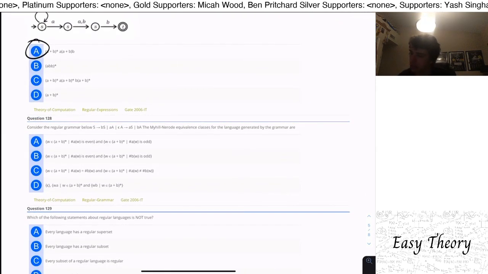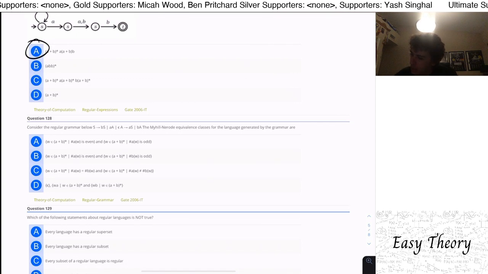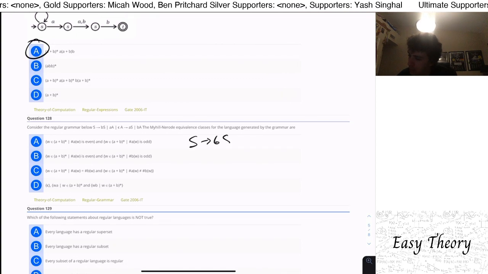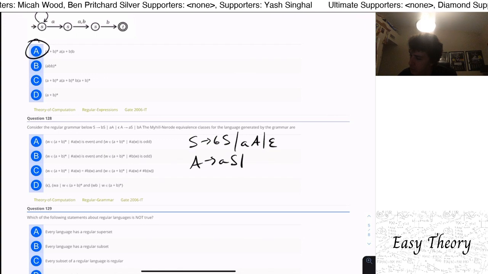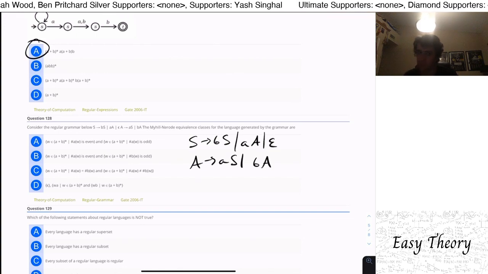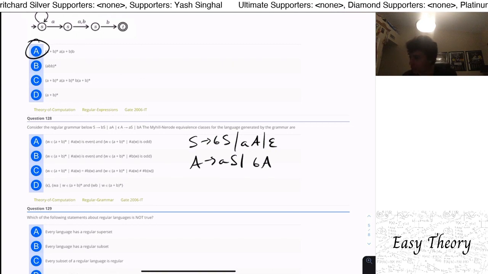Consider the regular grammar. Myhill-Nerode equivalence classes. Oh boy, this is not something that I am well versed in. So let's see. Let's actually just write out the grammar as is. Well, this is a regular grammar.